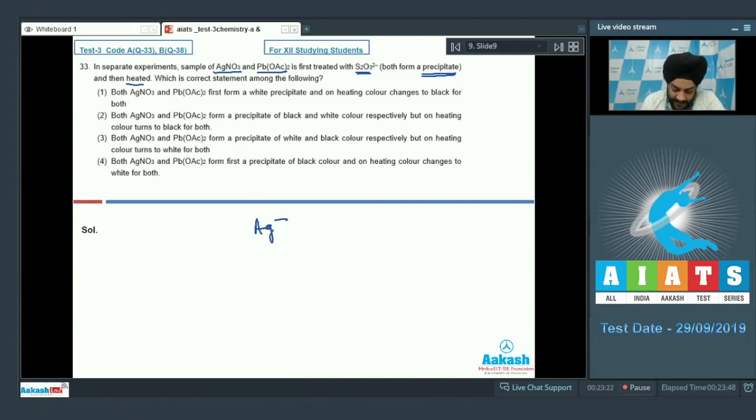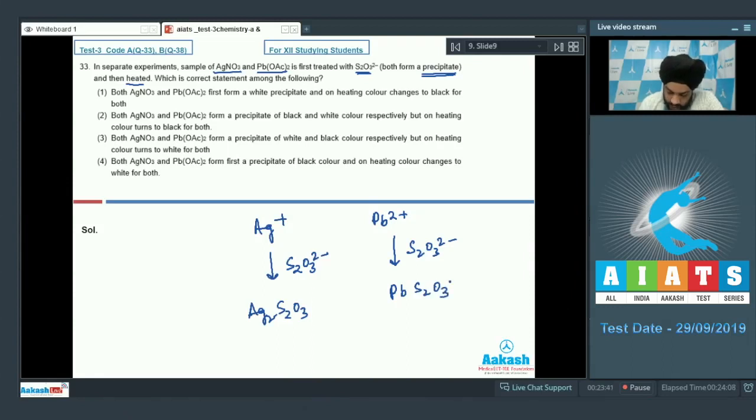Students, we have Ag plus and we have Pb2 plus. Both of them are allowed to react with thiosulfate and form a precipitate. So Ag forms Ag2S2O3. Okay. And lead forms PbS2O3. Both of these are white in color.